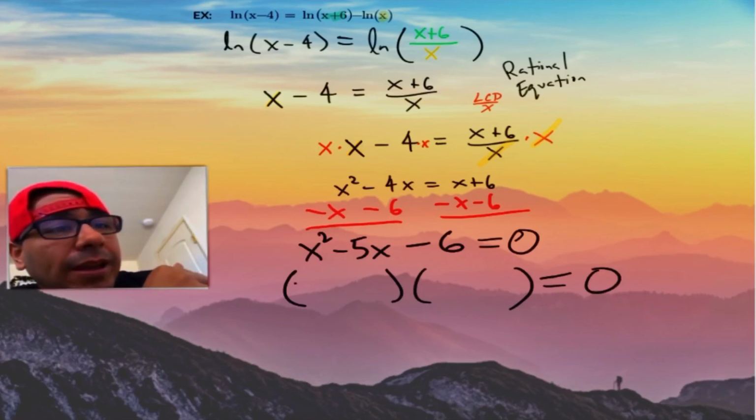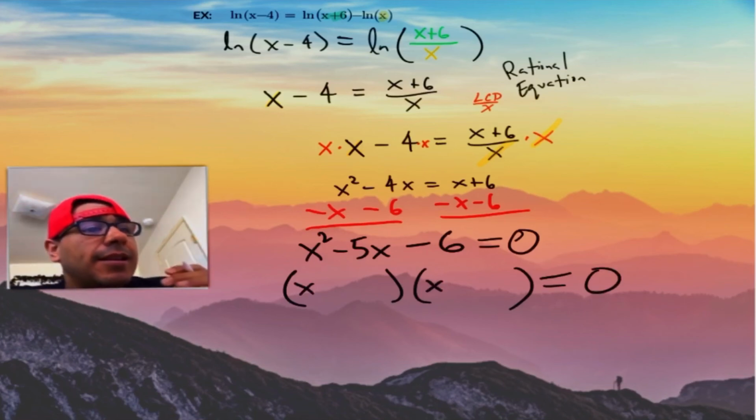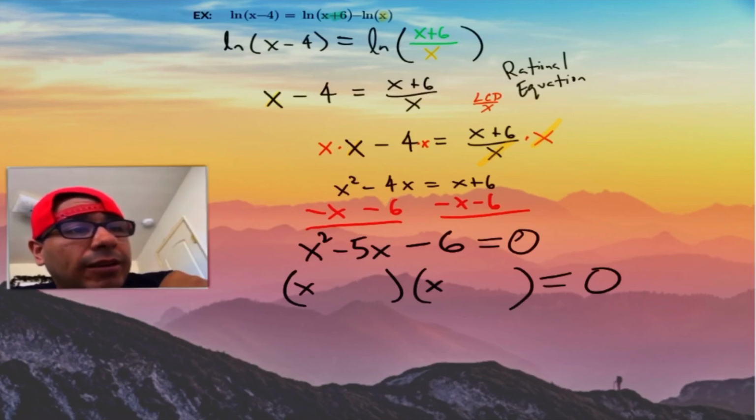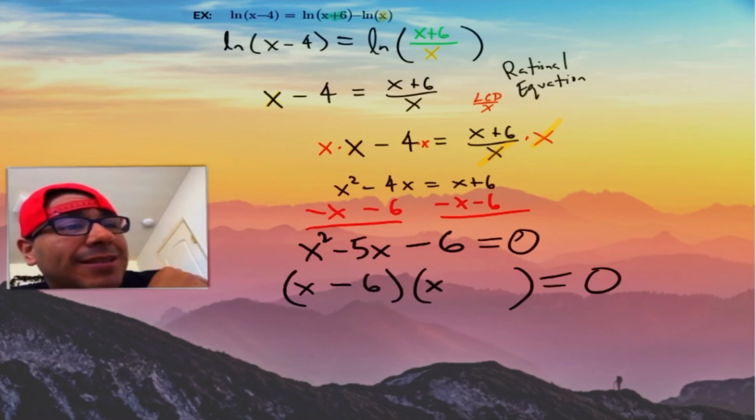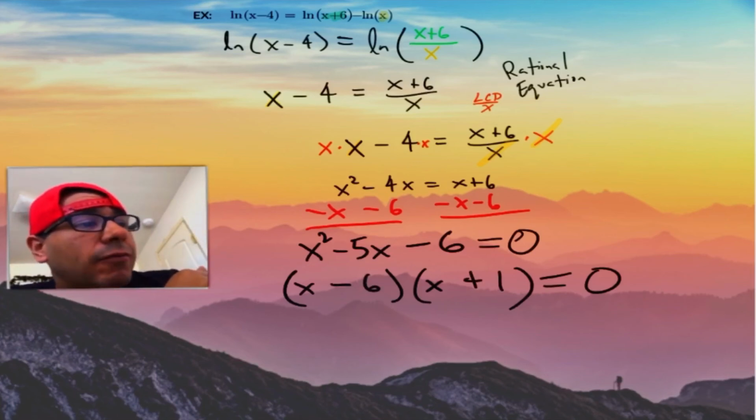So we got x times x, and then our 2 factors, one is going to be minus 6, and the other is going to be positive 1, because when we multiply negative 6 times positive 1, we end up with -6, but when you add these two, you end up with that -5 right there.